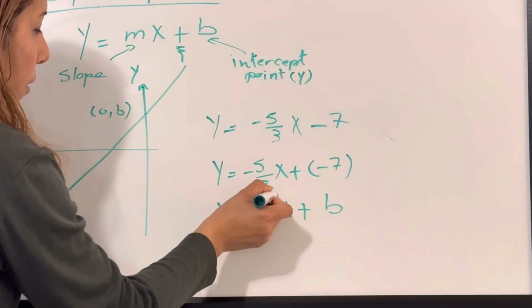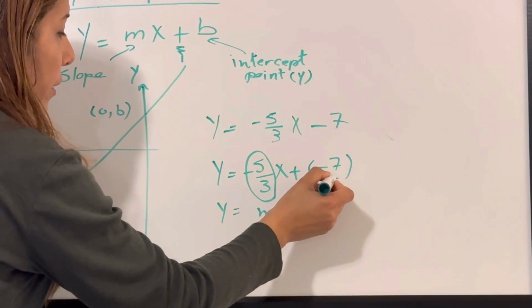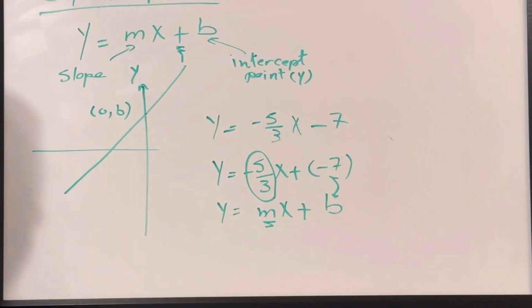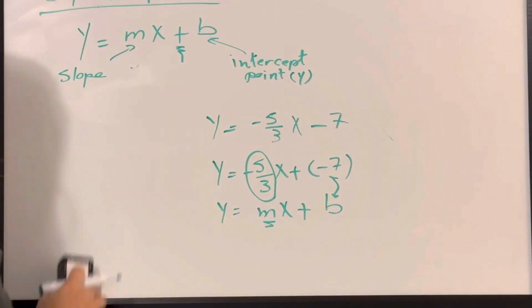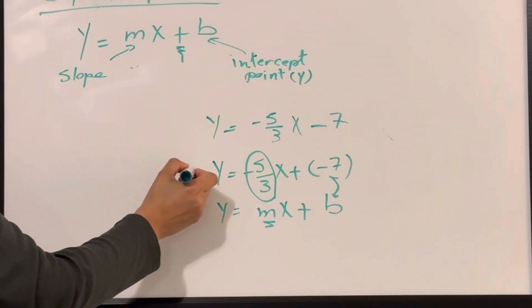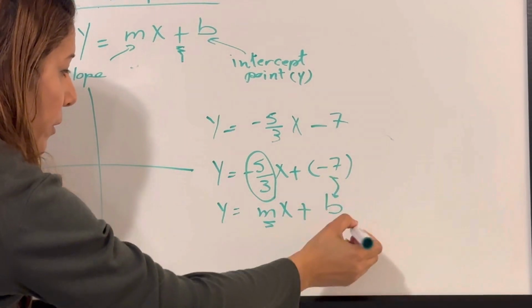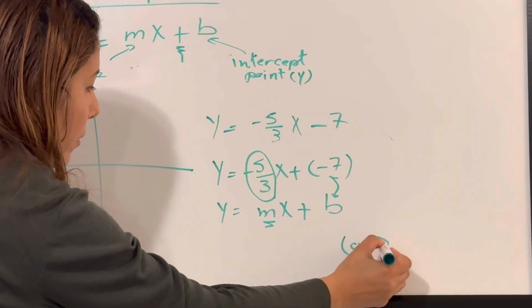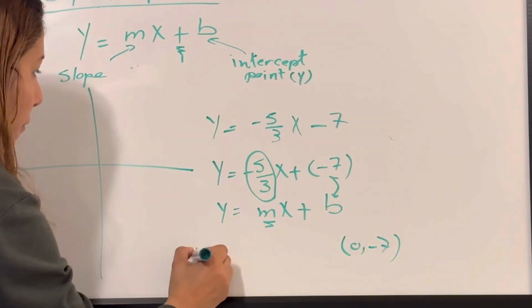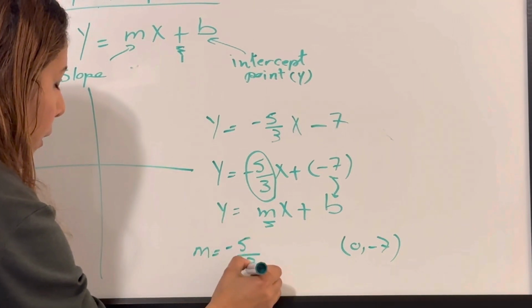So minus 5 over 3 is the m and minus 7 is b. So whenever I want to draw it, I'll have the coordinate of the point of the intercept, which will be 0 and minus 7. And I'll have the slope, which is minus 5 over 3.